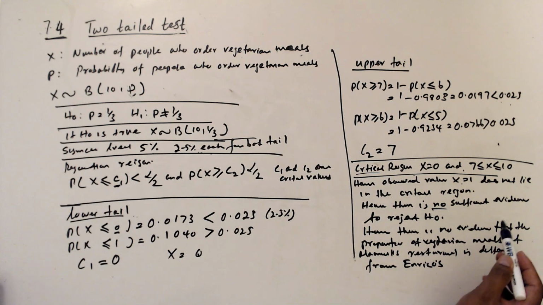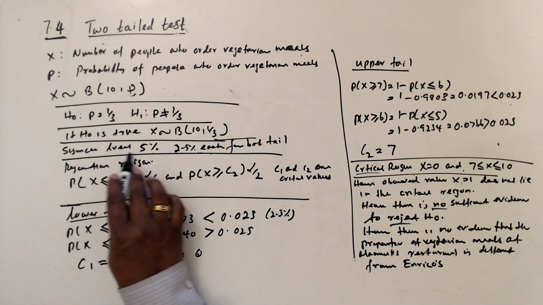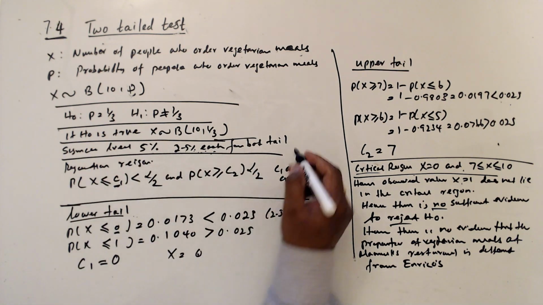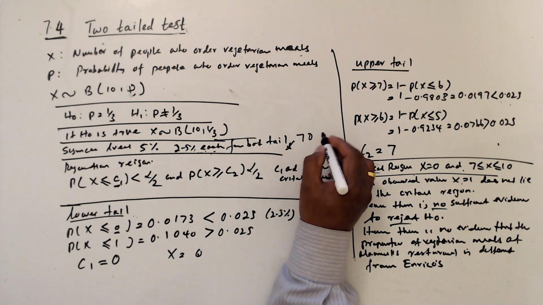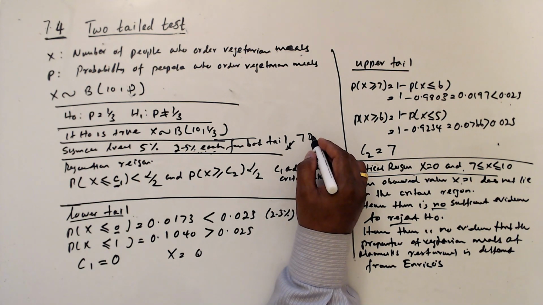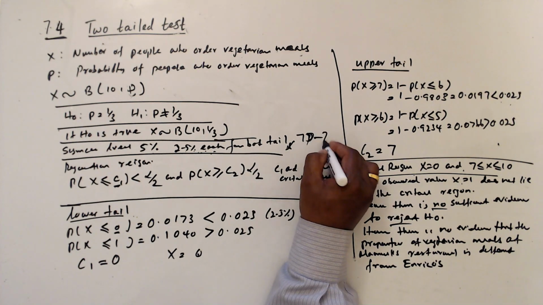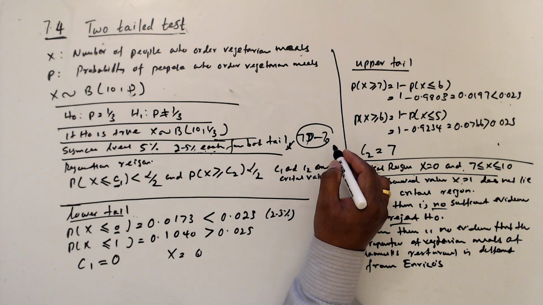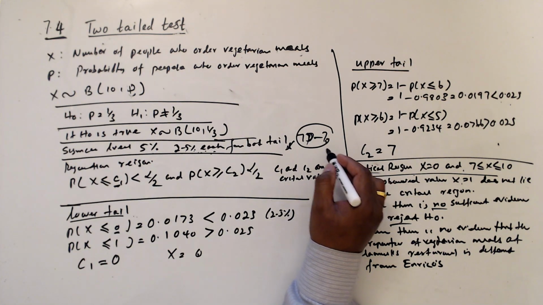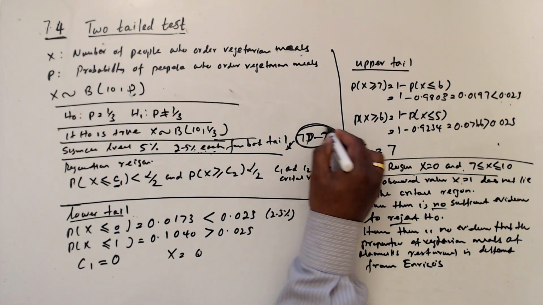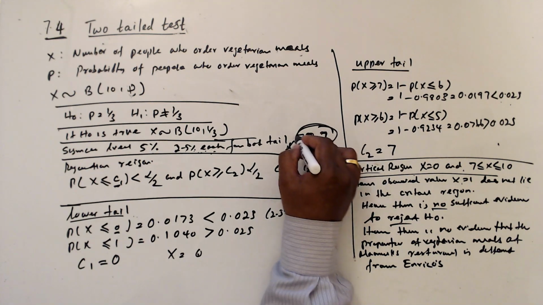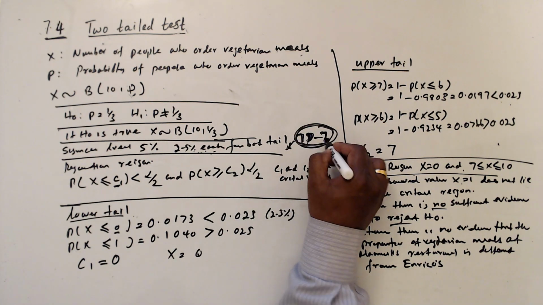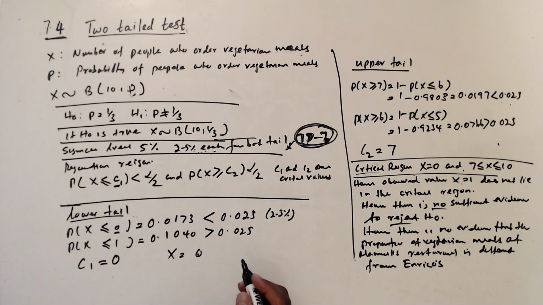Here the significance level is 2.5% each tail, but if you look at exercise 7D, question 7, they will especially mention that the probability in each tail should be as close to 2.5% as possible. So we'll see that when we work on that one. Let's move to exercise 7D.